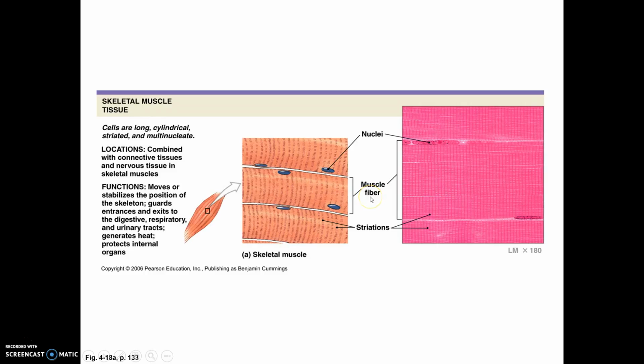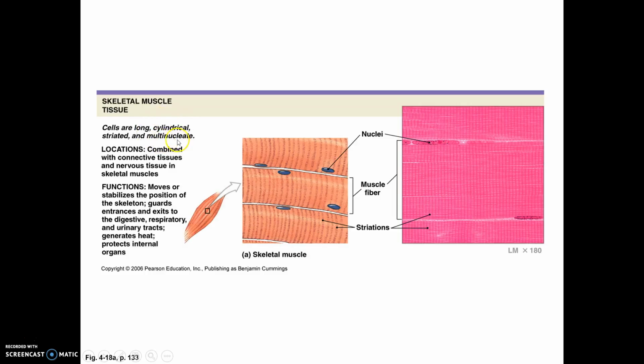Again, these are things we'll talk about later, but right now we can actually see the striations. One thing that's very unique about these cells is they are multinucleated. This is one of the characteristics that definitely makes them stand out from other types of cells. At one time, each nucleus represented an embryonic cell called a myoblast, but in development, these myoblasts started fusing together and then forming these long cylinders that became multinucleated.